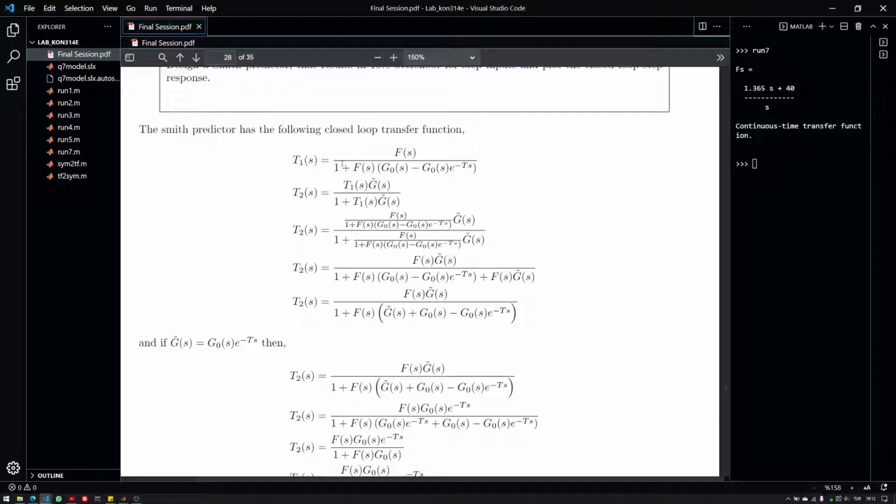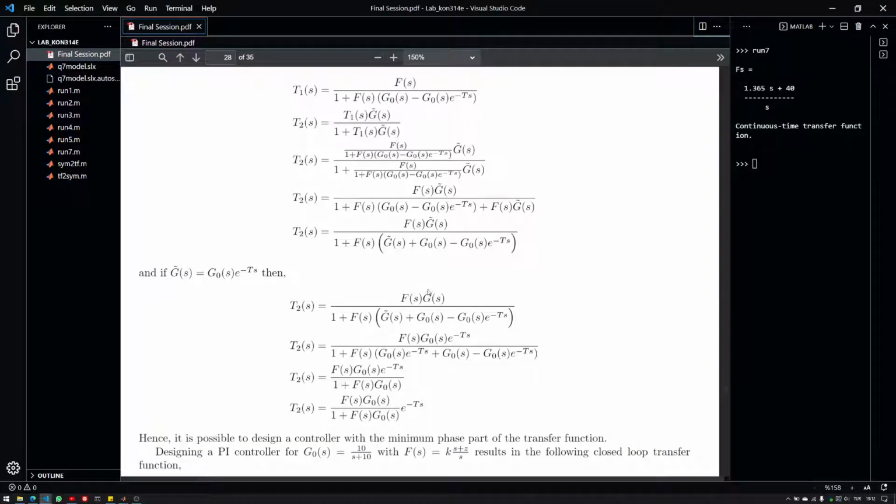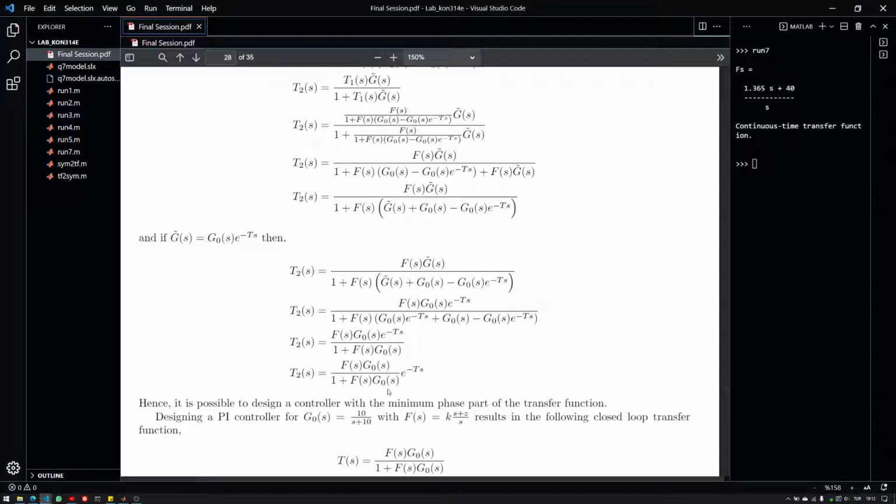If you do some block manipulation, you will get to this. And eventually, this part here plays an important role. We have G0, G plant, and then G0 times the delay part. So this is the important part. And if they are equal, we will reduce down to this one, which is basically the reason why we can design it for the minimal phase part and not the actual delayed part.